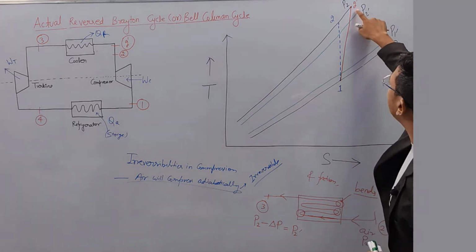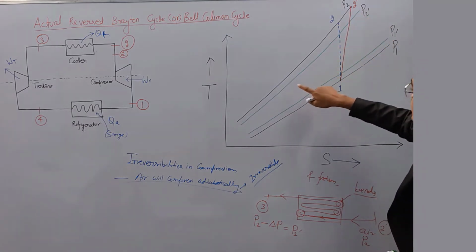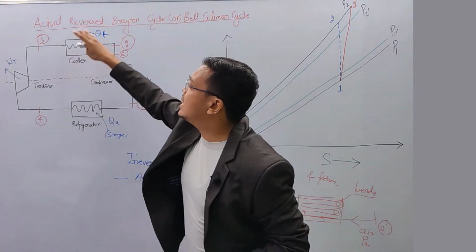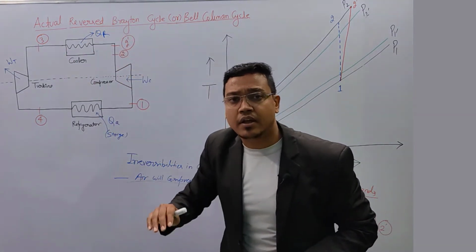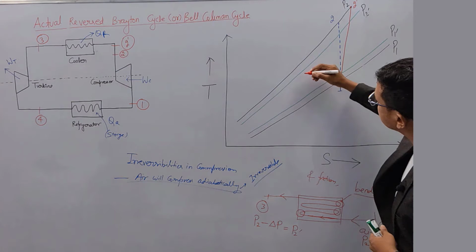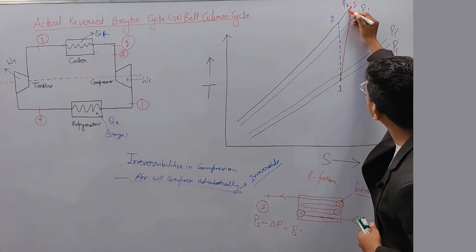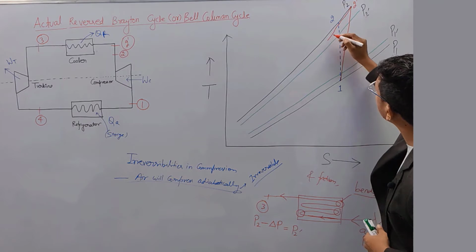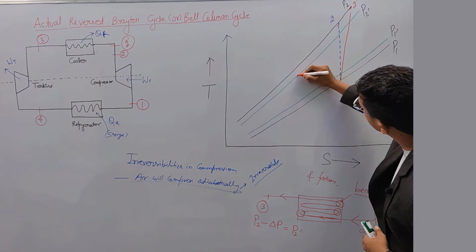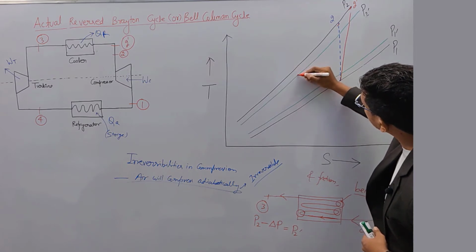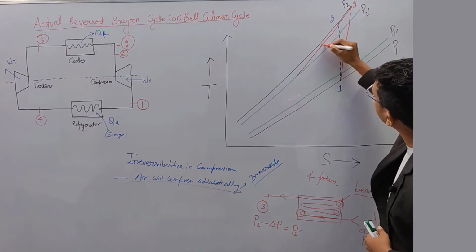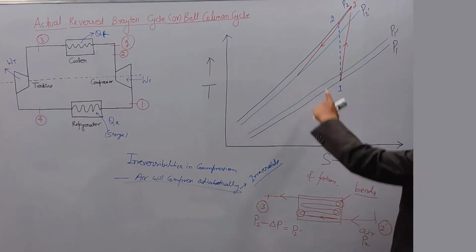Okay. Now from point 2 dash, if air cools, then heat will be rejected, so temperature will reduce and entropy will decrease. So here the process will flow like this. If I draw like this, this will be the actual process.